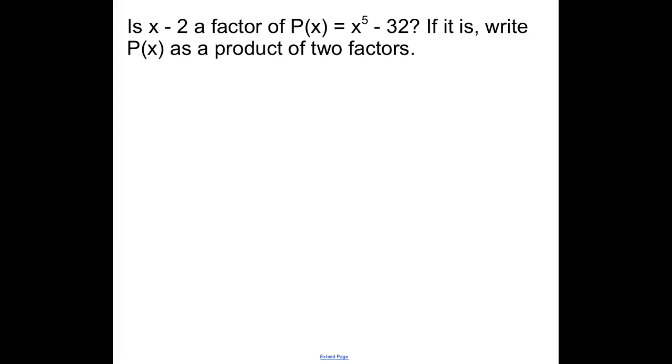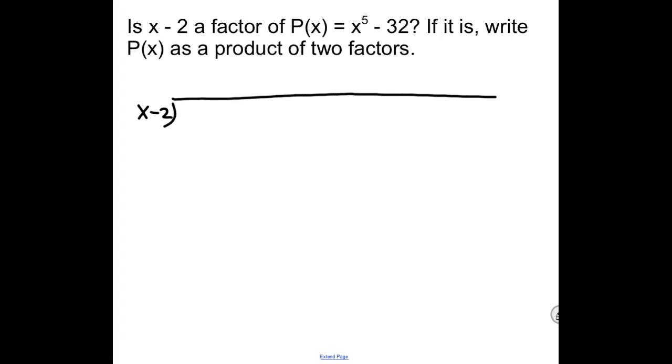All right. Last one. We are checking to see if x minus 2 is a factor of x to the 5th minus 32. What do you notice about this one? A lot of missing terms. All right. Let's write it out. We have an x minus 2.